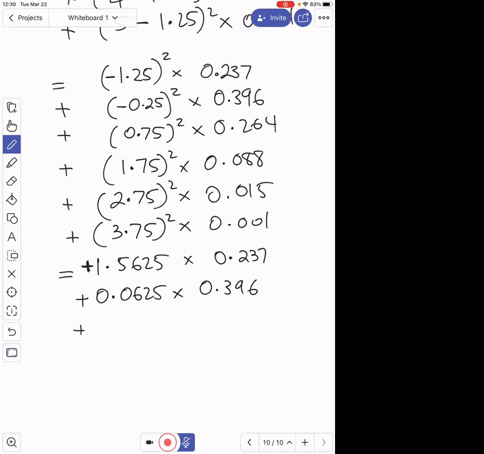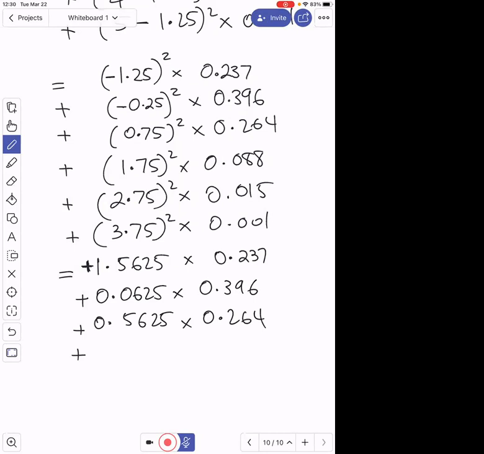Okay, I'm going to just write down, of course, I have the answers. So 0.75 squared, that's 0.5625 times 0.264. We have 1.75 squared.